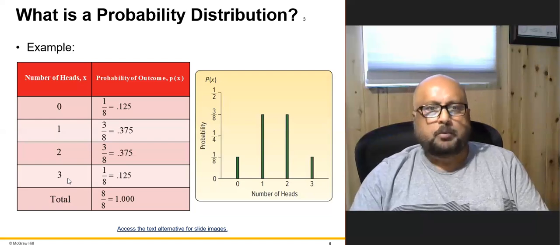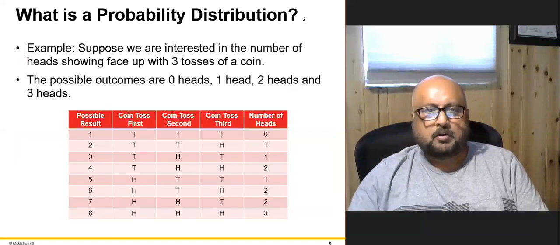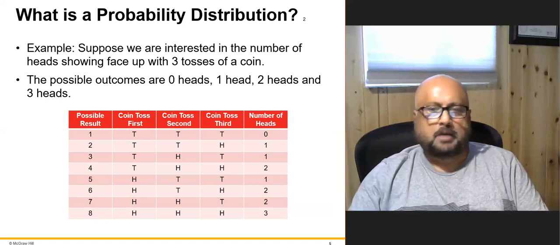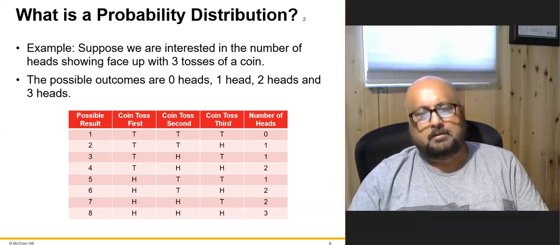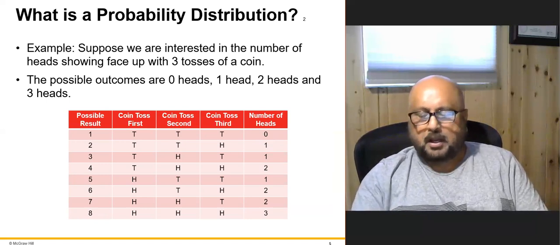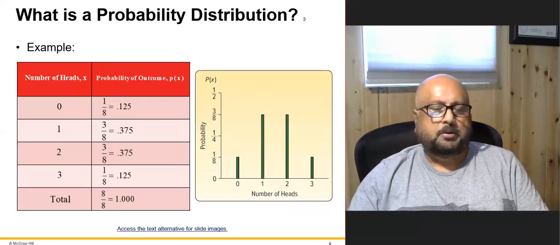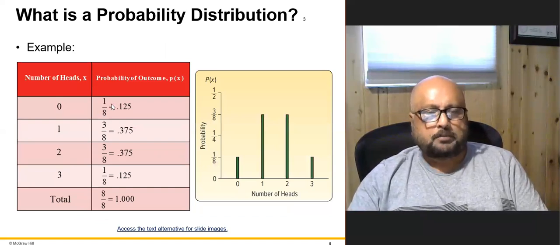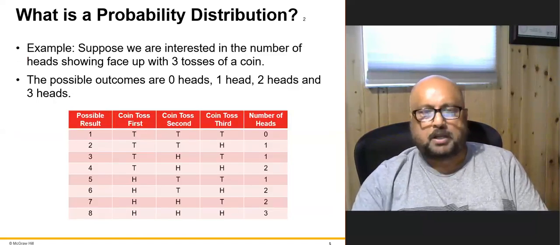We divide by the total number of trials to get the probability. Total trials are 8. So 0 means in 1 trial we have no head.